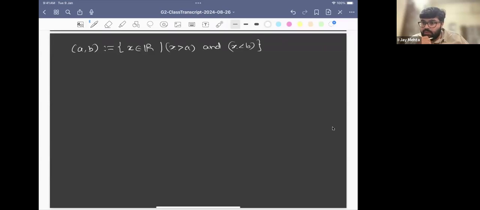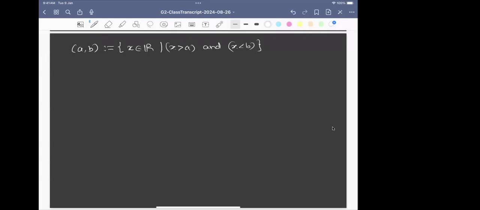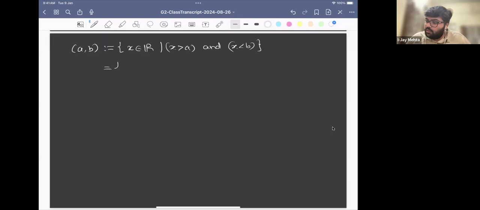Room number 10, Sonali, same answer. Yes. Okay, how do we write this? We can combine these two. We have written it, right? How do I write this?